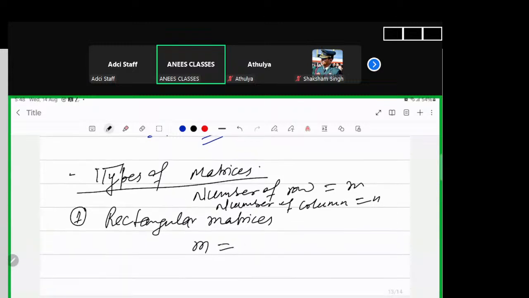If m is not equal to n, it is called a rectangular matrix.